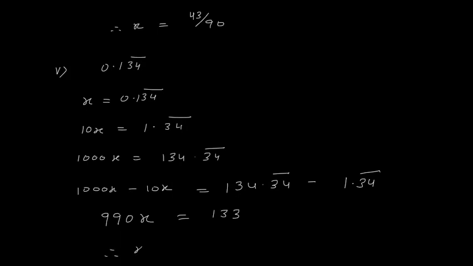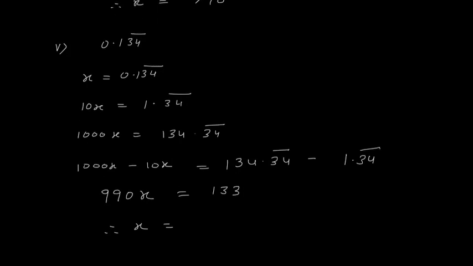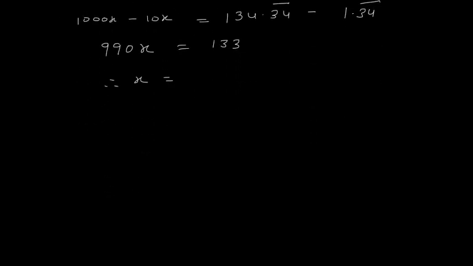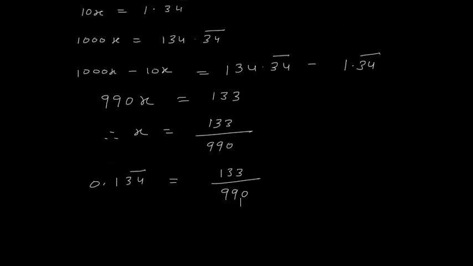Therefore, x is equals to 133 upon 990. So 133 upon 990 is the value of x, that is the value of 0.134 bar is equals to 133 divided by 990. This is the value of 0.134 bar.